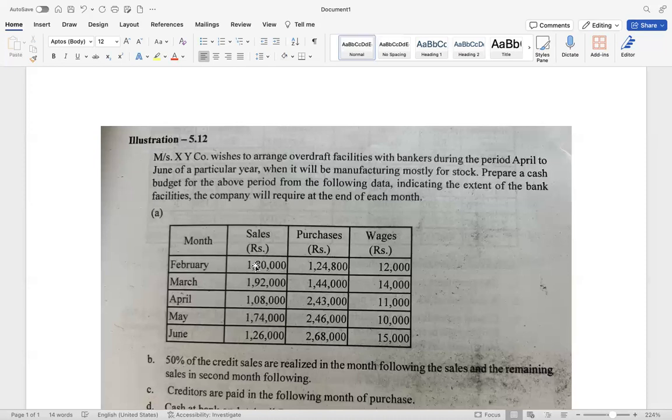Take the total of all the receipts and take the total of all the payments, deduct the total of payments from the total of receipts, then you get the cash balance at the end of the month. What is ending balance or closing balance will become the opening balance for the next month. Let's say the closing balance of April becomes the opening balance for the month of May.